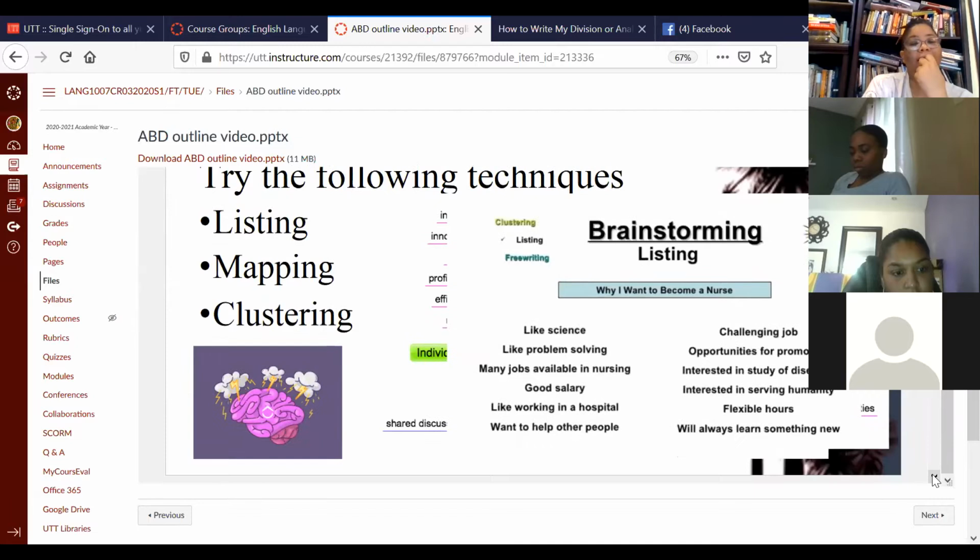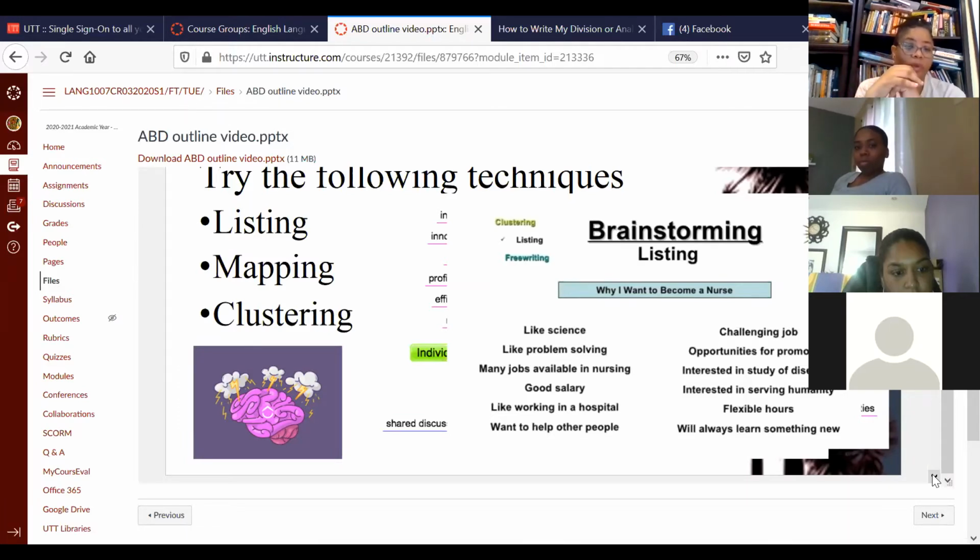Right, so to do that, you can list, map, cluster, or use other brainstorming techniques. Brainstorming is really free association, just coming up with as many ideas as you possibly can, and either writing it out on a list or drawing a map.